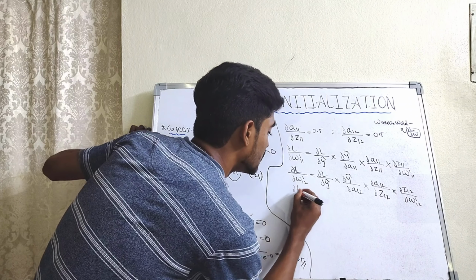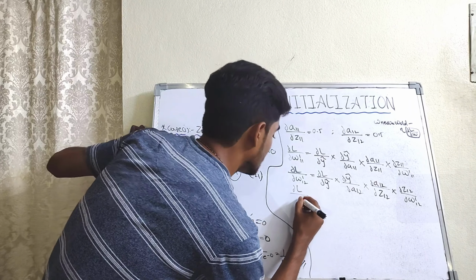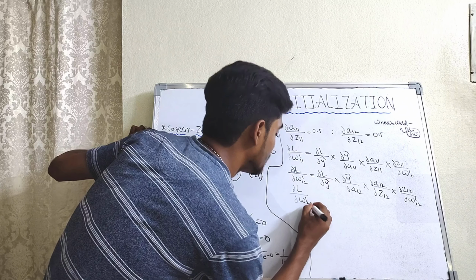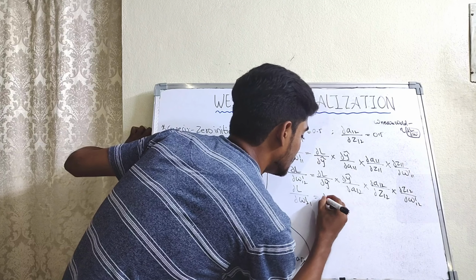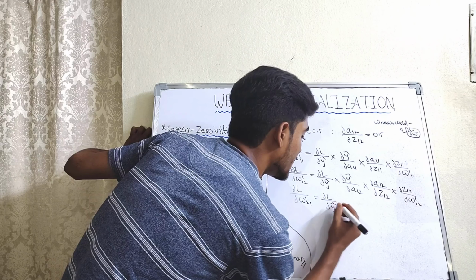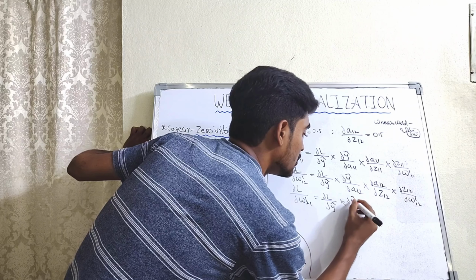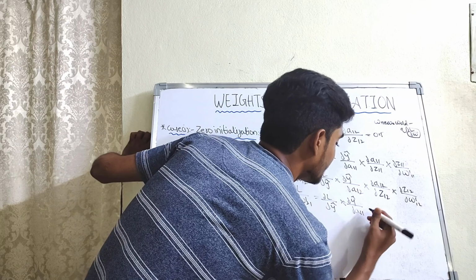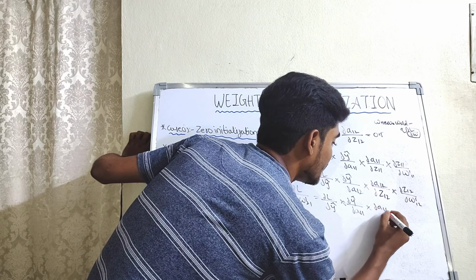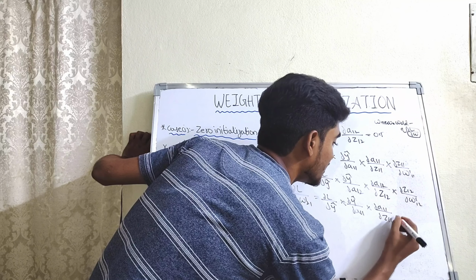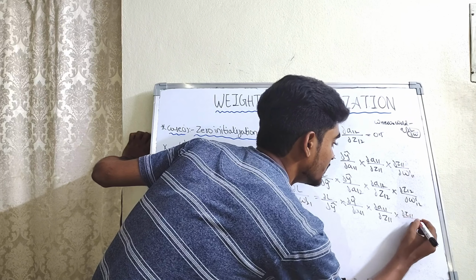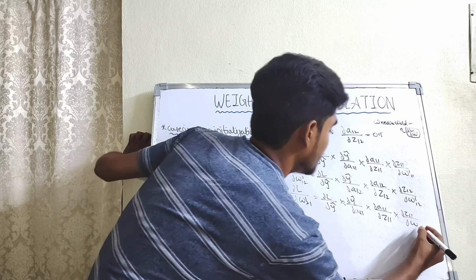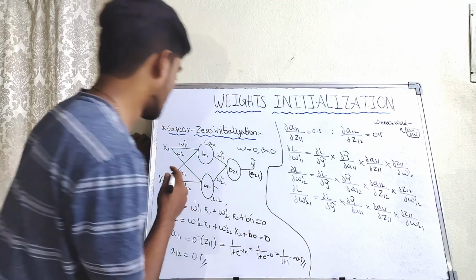Now let's calculate the similar gradients for both these weights. dou L by dou w121 is equal to dou L by dou y hat into dou y hat by dou a11, and dou a11 by dou z11, and dou z11 by dou w121, right?